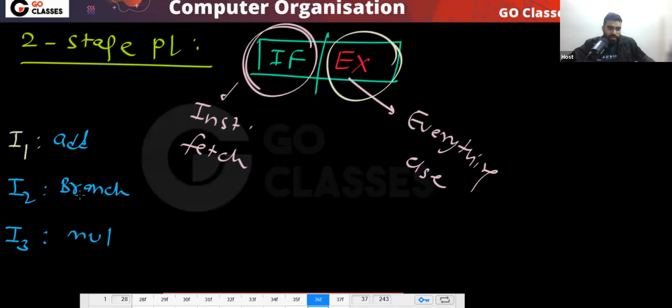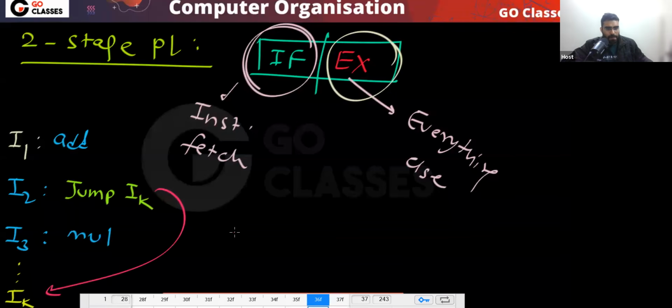Let me assume that this branch will go to IK, like a jump to IK. So you have instructions I1, I2, I3.